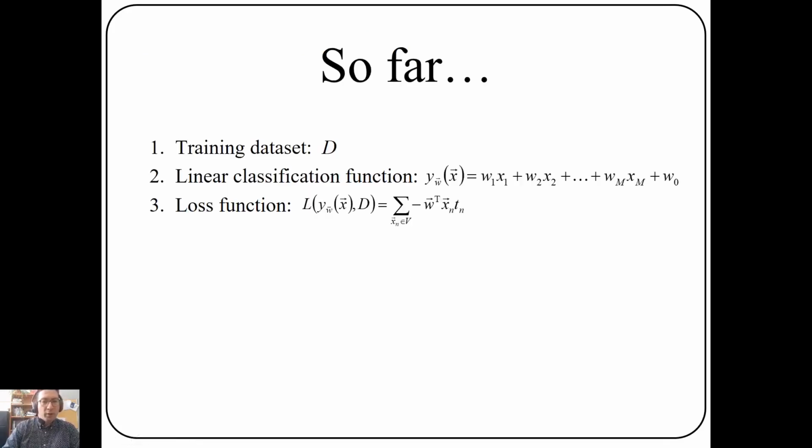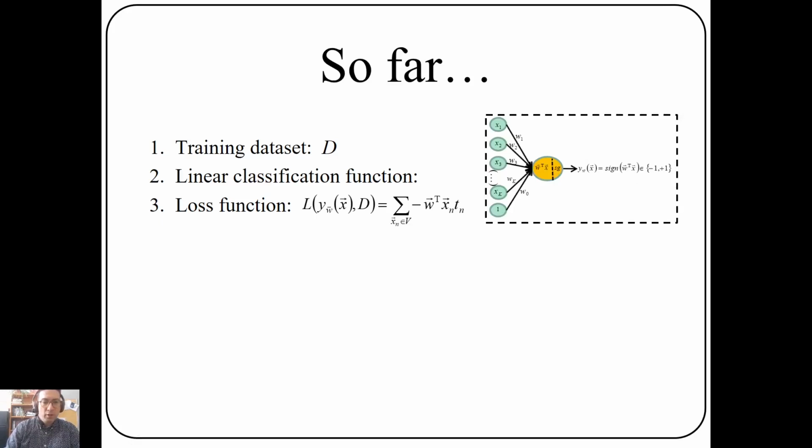So far, what do we have? We have a training data set. We have a linear classification function, which may be in 2D, 3D, or, as we can see here, in an m-dimensional space. We have a loss function, and here we define the Perceptron Criterion, but we could also use the hinge loss function or the SVM loss function.